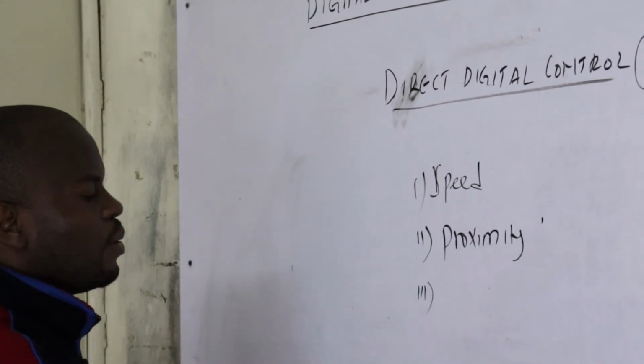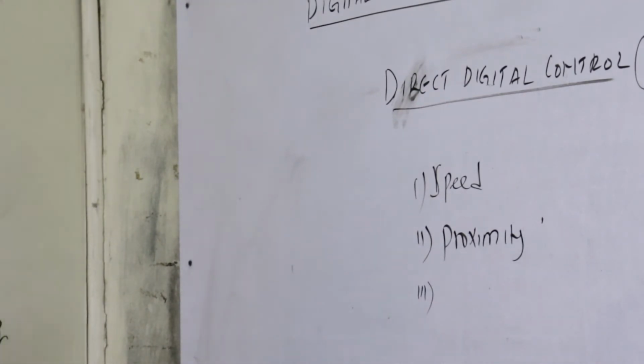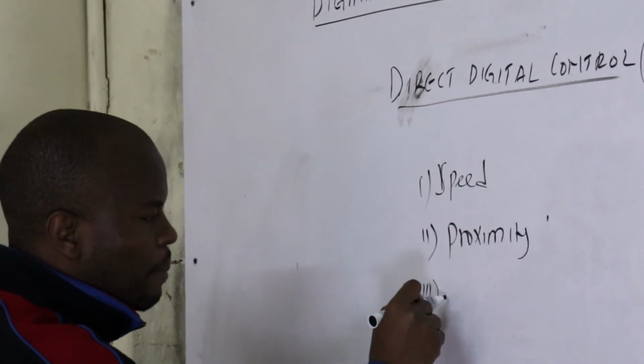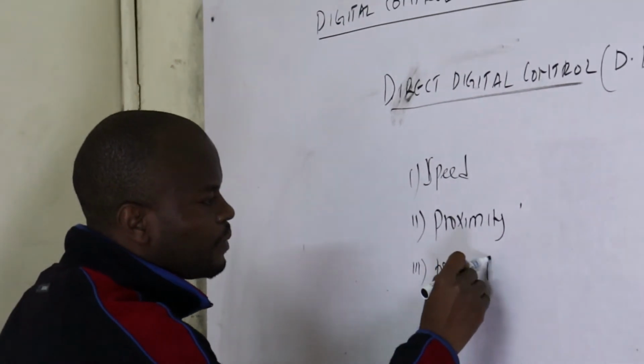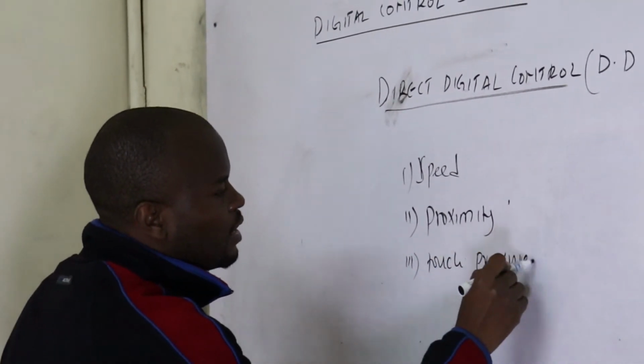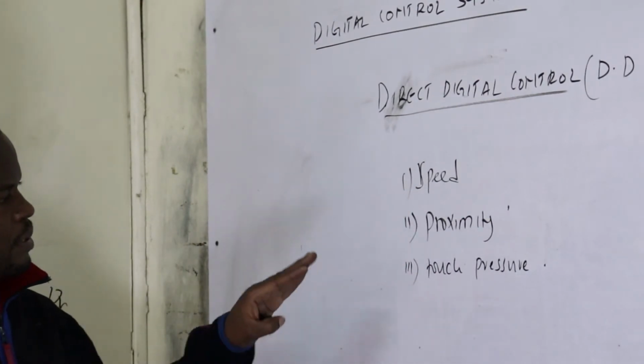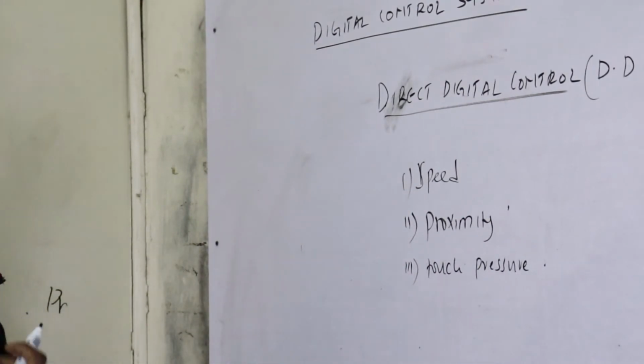The other one, if it is picking some objects, is the touch pressure. So we are talking about speed, proximity, touch pressure, or any other physical quantity that can be controlled.